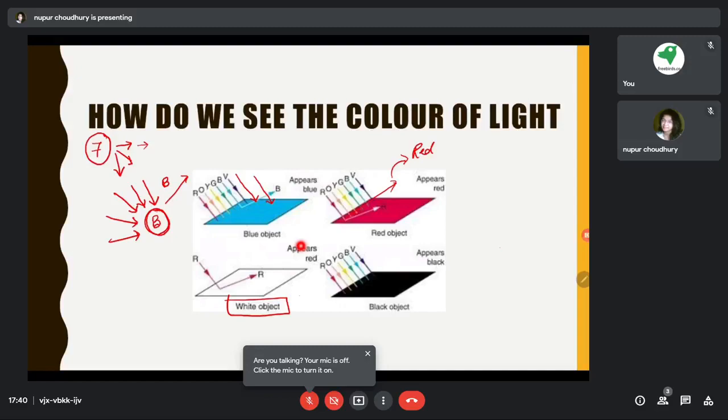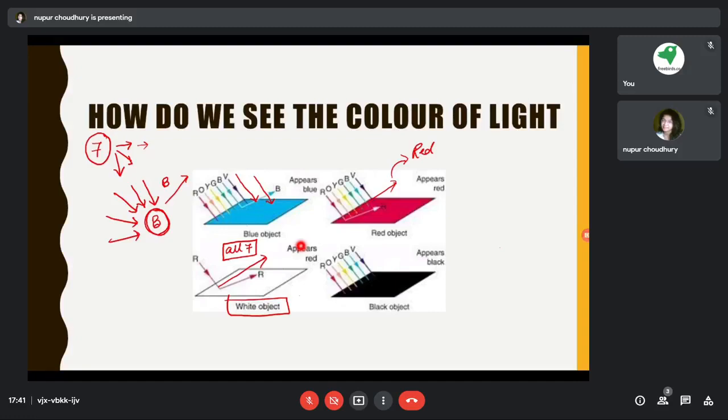In order to understand this, we have to understand that objects which are white in color reflect all the 7 colors. All 7 of them are reflected from the surface. Whenever we see all of the colors together, it gives us the white color. So the object will appear to be white when all 7 colors are reflected from the surface.